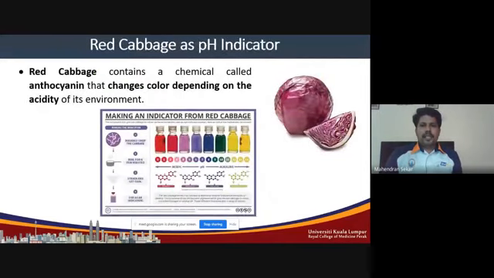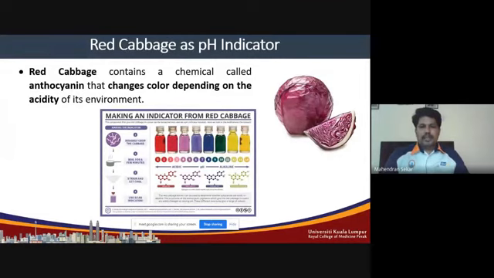And the next one, I think somebody might know this already. This product is obtained from red cabbage. Red cabbage contains anthocyanin, which can change color depending on the acidity of its environment. So this has been extracted, and it will give different color changes, like when you test with a pH meter or pH paper.